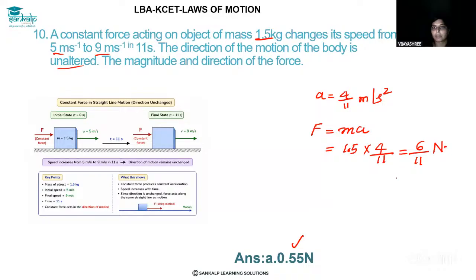When we convert 6/11 to decimal, it is 0.55 Newton. So the answer is 0.55 Newton and direction is in the direction of motion. Force acting along the direction of motion. In the given answers, option A, 0.55 Newton, is the correct one. Thank you.